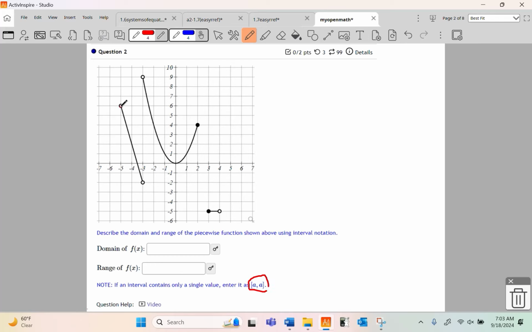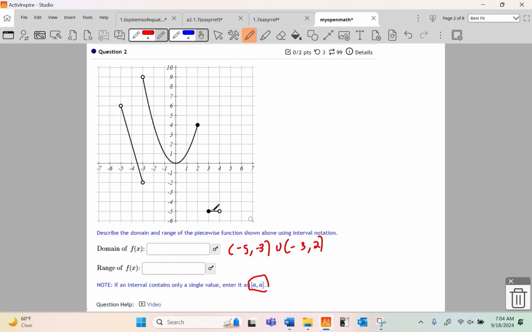Let's see, our domain, we are running from negative 5 to negative 3. Parentheses on both of those are open holes. And then we're unioning with negative 3 to 2. And that's literally the letter U, because some of y'all couldn't figure that out last time.